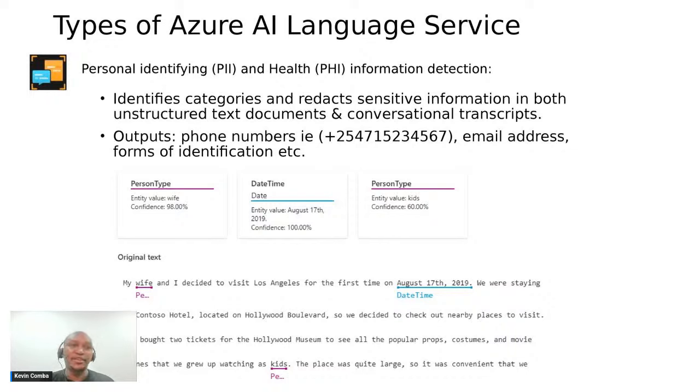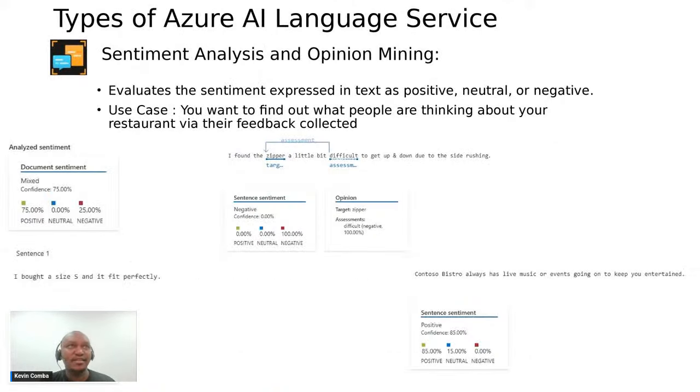When you give it an original text, like "my wife is set to visit Los Angeles", it will detect "wife", which is something that can identify a person. And also the date, you see August 17, will be identified as date time. We shall also do a demo for this.